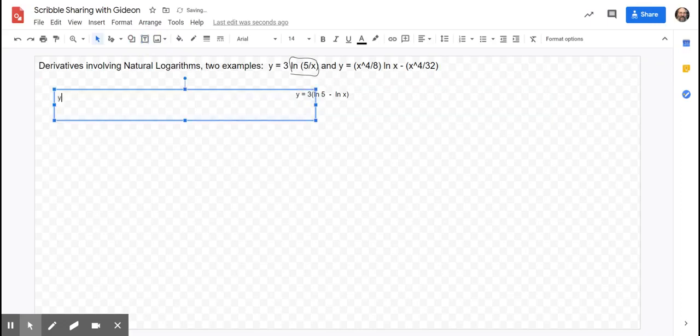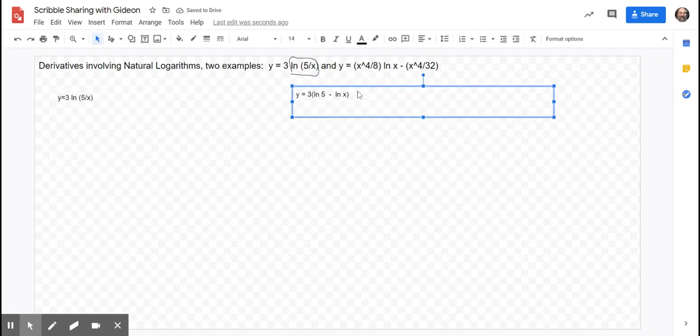Just y equals 3 ln 5 over x. I'm going to start with the transformed version, because it looks a lot easier to me. Wouldn't you agree?